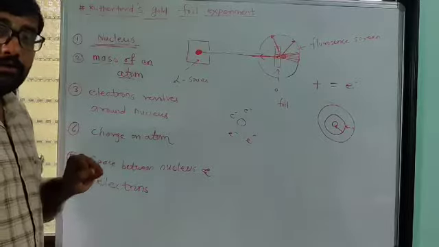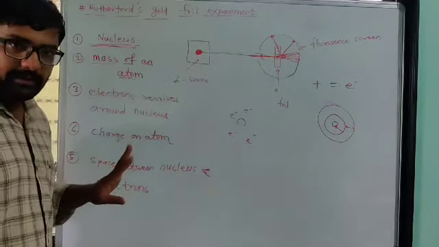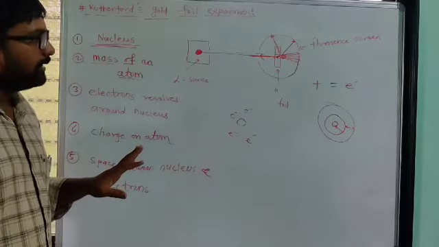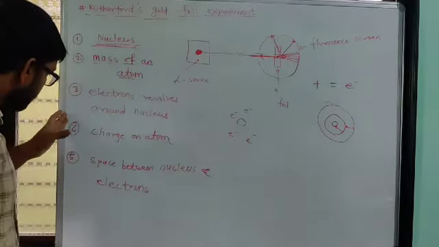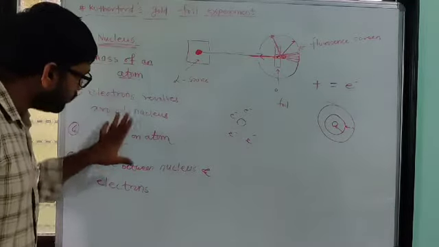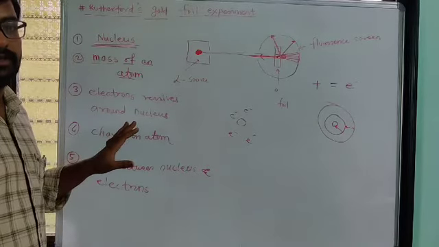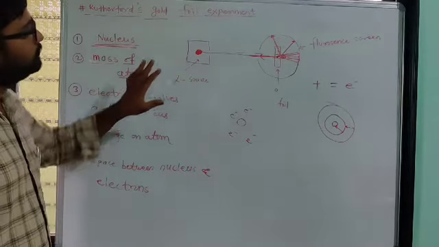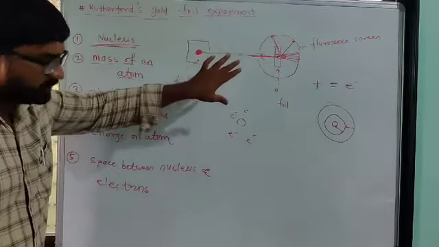Here you only have to remember this experiment and what happened in it. The experiment is very simple, and you have to remember these five predictions, which are important if this question is asked in the examination.